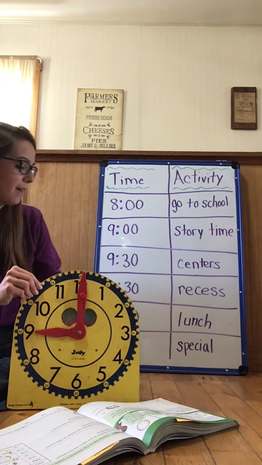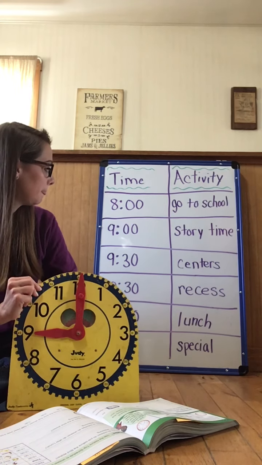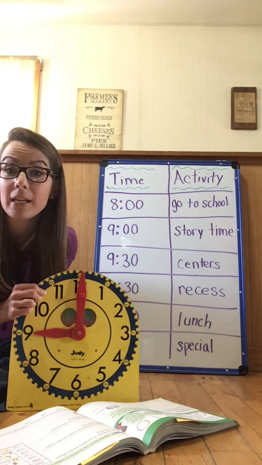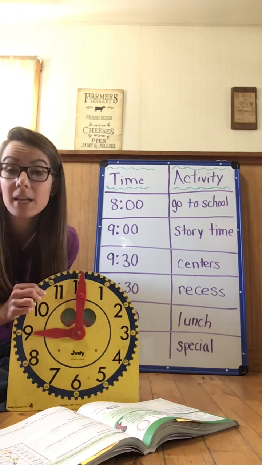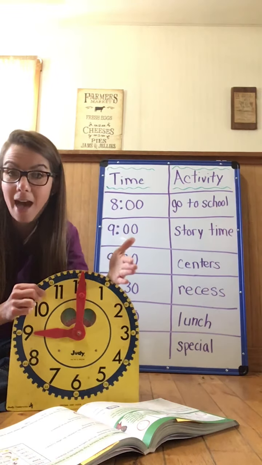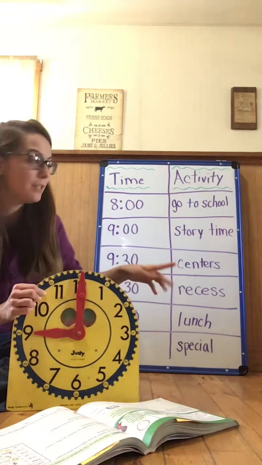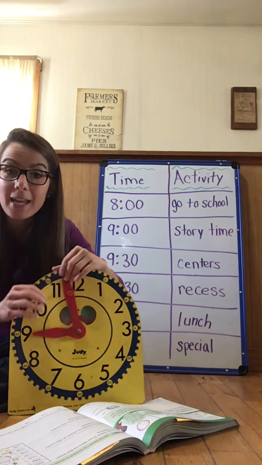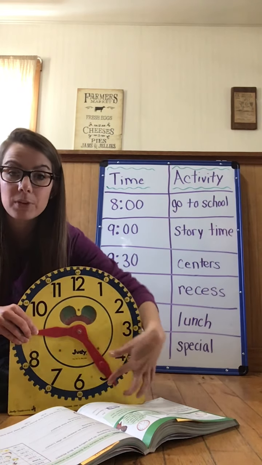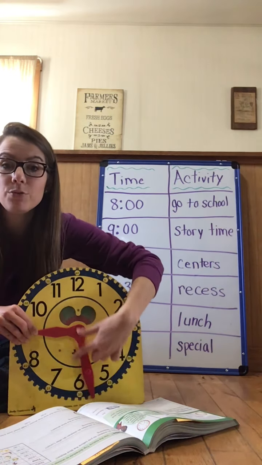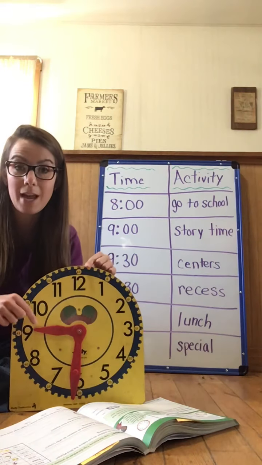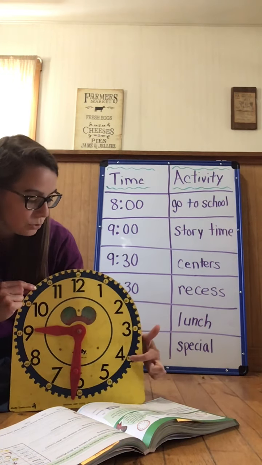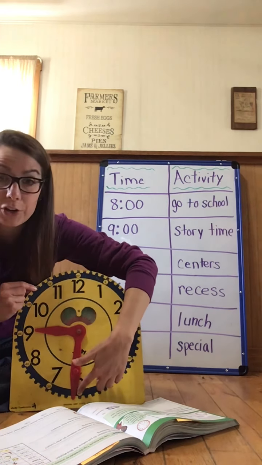Now, if I said, well, centers is halfway in between 9 o'clock and 10 o'clock. I know that half hour is 30 minutes. So to show 9:30, I would bring my minute hand down to the 6, because remember when we count by 5s, we say 5, 10, 15, 20, 25, 30.